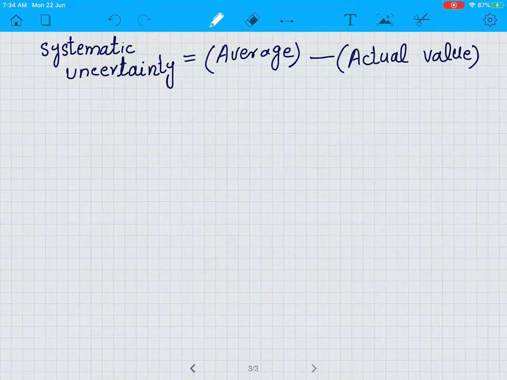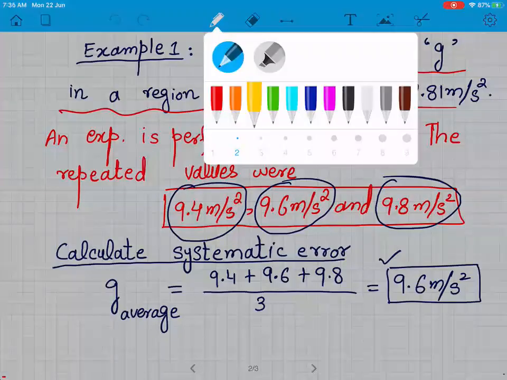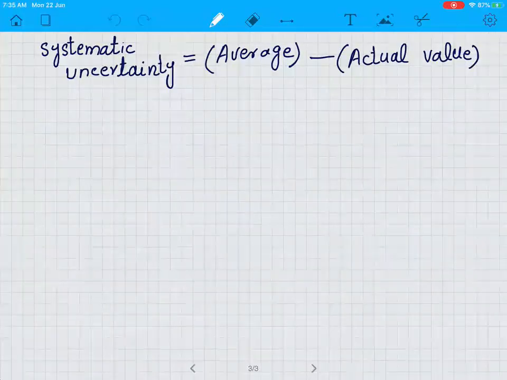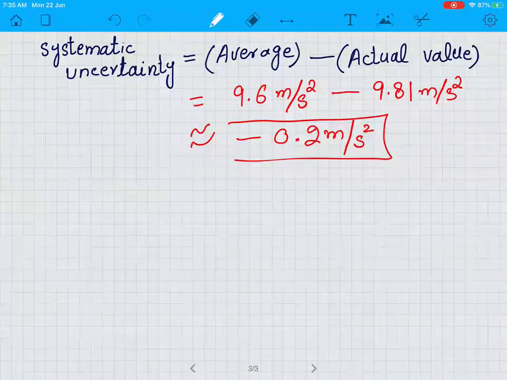So you have average value as 9.6 and the actual value is 9.81. So it would become 9.6 meter per second square minus 9.81 meter per second square, and the answer would be negative 0.2 meter per second square. And the least precise value has one decimal, so the answer of subtraction should have one decimal point.